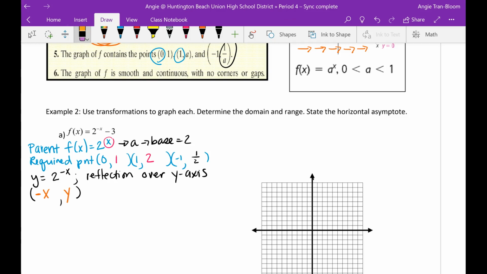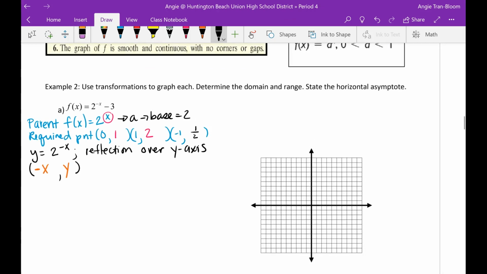But here's the beautiful part now that you don't have to graph it in stages. I can just go and do the next one. Y equals 2 to the -x minus 3. This is a down by 3. So formula-wise, down by 3 means I'm going to subtract it from the y.